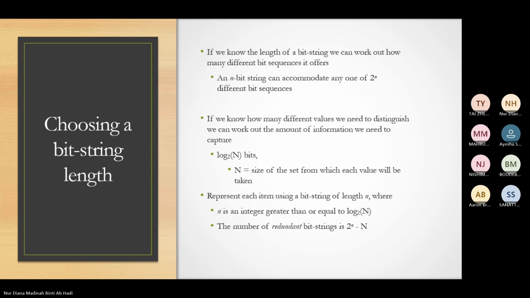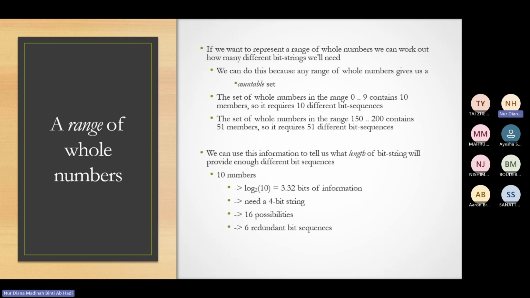We represent each item using a bit string of length n, where n is the integer equal to or greater than log base 2 of N. So the number of redundant bit strings is 2 to the power of n minus N.